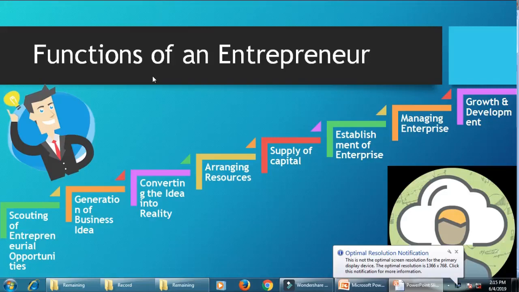He has to exhibit keen acumen, sharp intellect, patience, and interpersonal skills while establishing the enterprise. The second last step is managing the established enterprise. The entrepreneur has to perform the role of a manager to manage the enterprise effectively and efficiently.